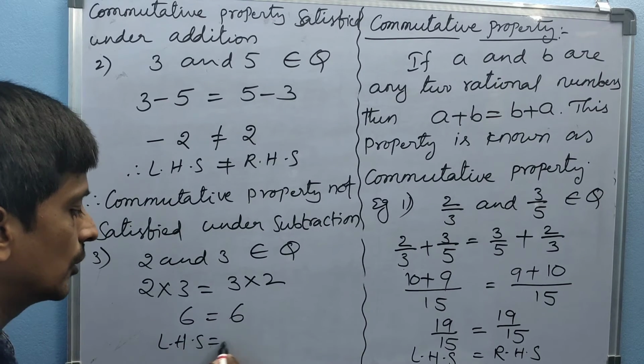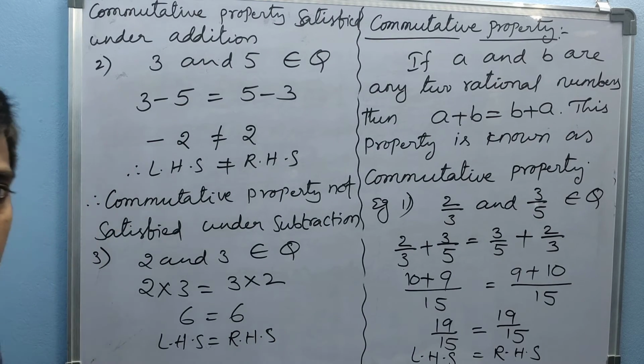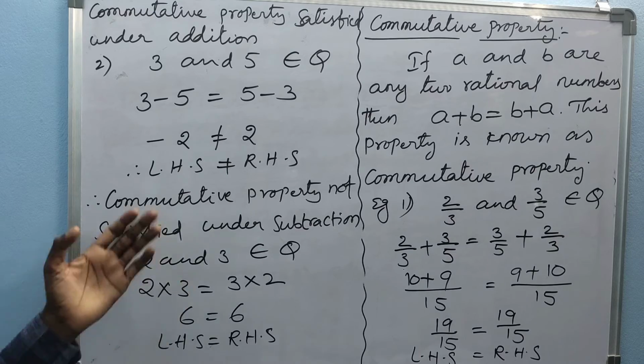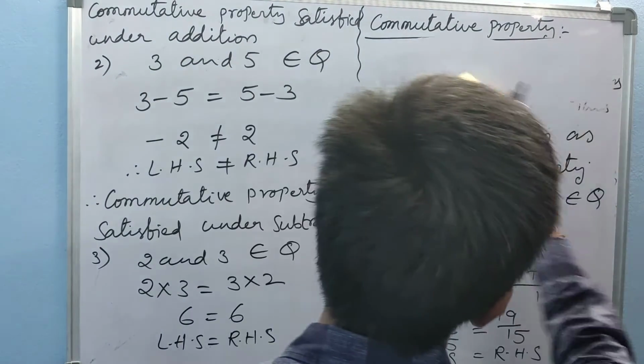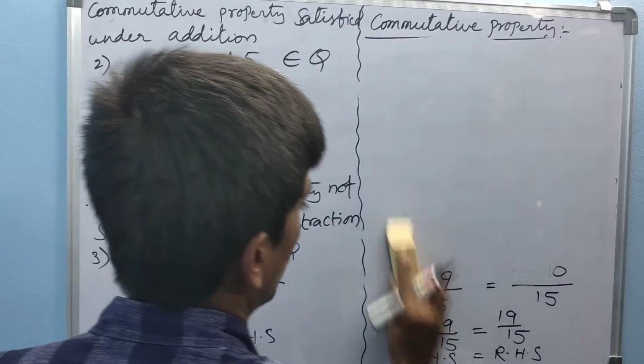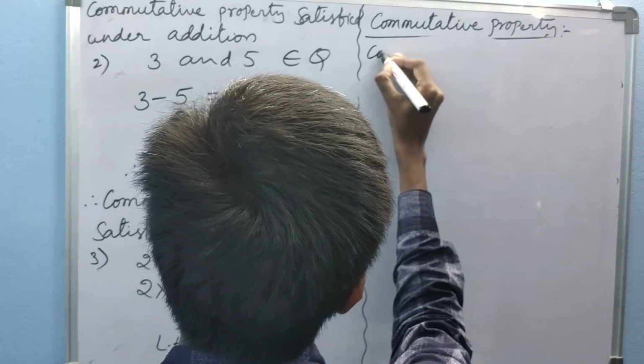LHS equals RHS. Here in multiplication, the commutative property is satisfied. Both LHS and RHS are equal. That's why commutative property is satisfied under multiplication.